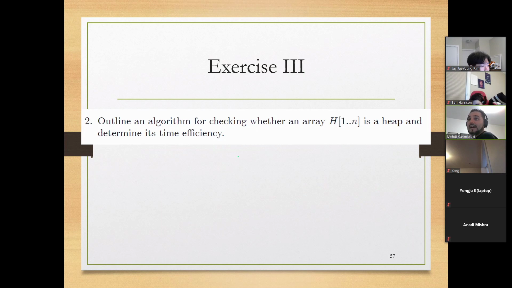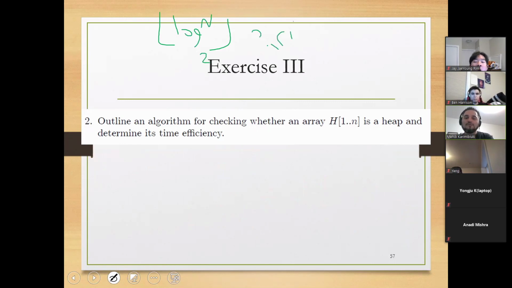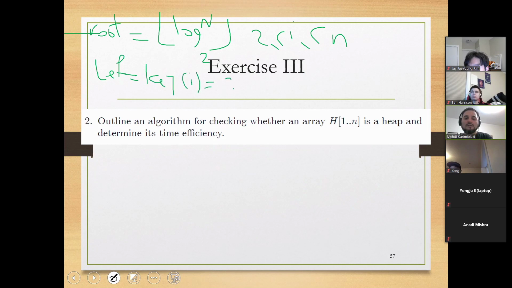Okay, so that has to do with, you know, we had some magic there to add, floor of n over 2 for i to be the parents, the roots, and then we had something for left is 2i, and then right is 2i plus 1.